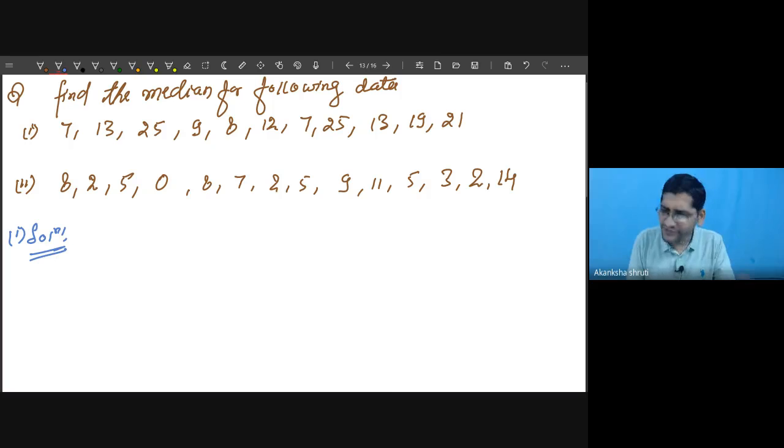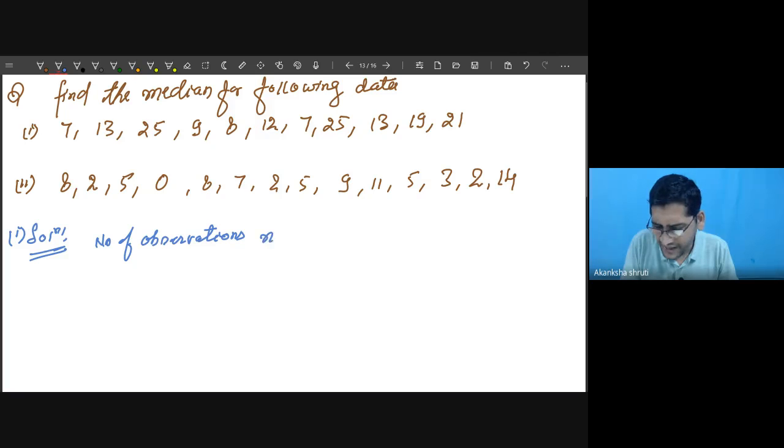Student, the very first thing we have to do is count the number of observations, then write the observations in decreasing order or increasing order. Okay, that's all. So the number of observations is denoted by n.